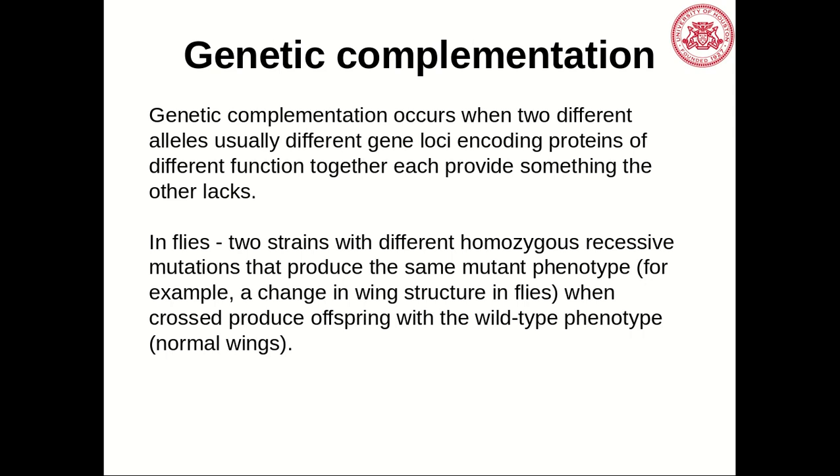So the normal wings are produced when you cross them, and of course, why is that? That's because when you cross them, one fly has little a, the other fly has little b, but it also means they probably have big A with the little b, and you have big B with the little a.